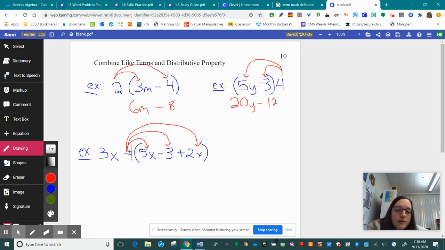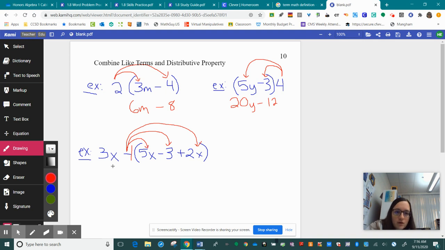So negative 1 is going to be multiplied by everything in these parentheses. It's the same thing as subtracting the 5x, subtracting the negative 3, and subtracting the 2x. Some of you are like, wait a minute, multiplying and subtracting, same thing? Not quite, but let's just do it and look.